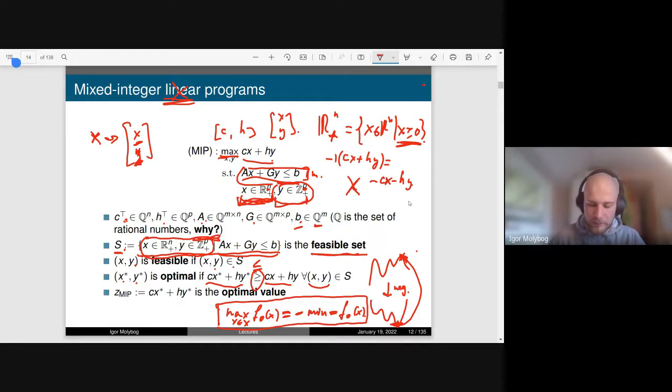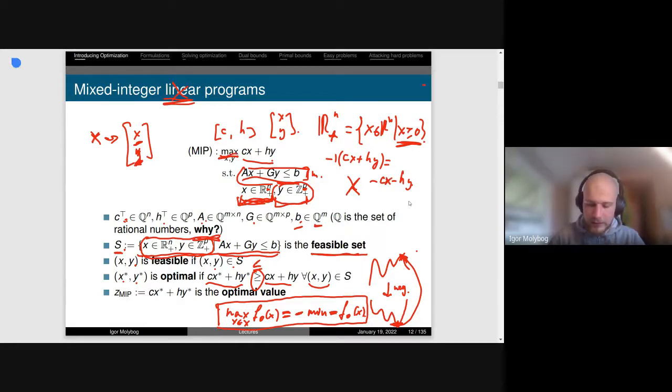So for a linear optimization problem, it really doesn't matter if you write down the maximum or the minimum. You just need to make sure that you are careful about all of the signs, that you have done this correctly.